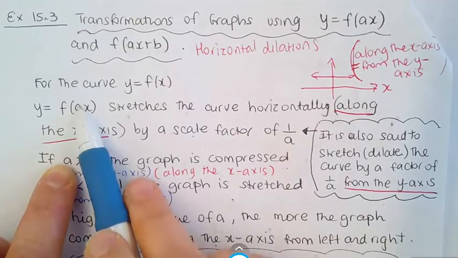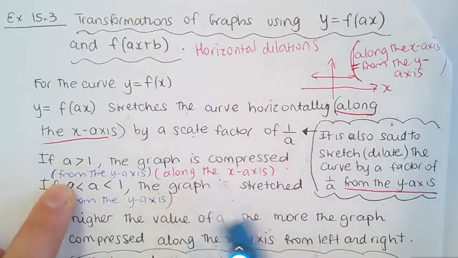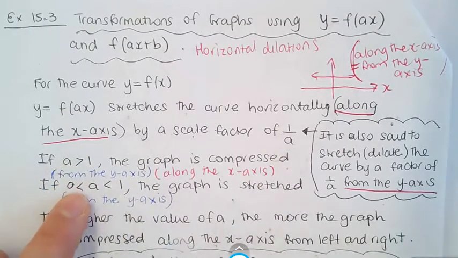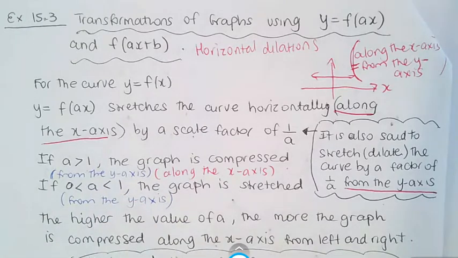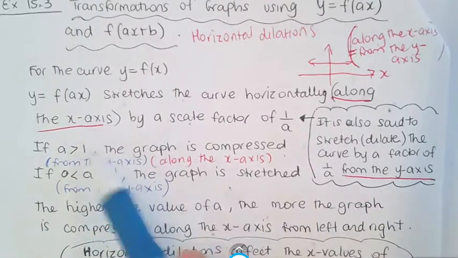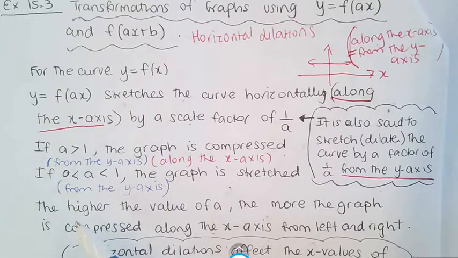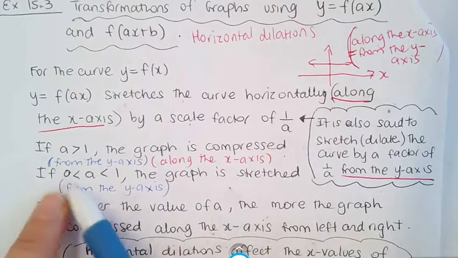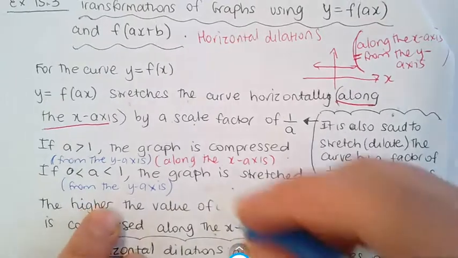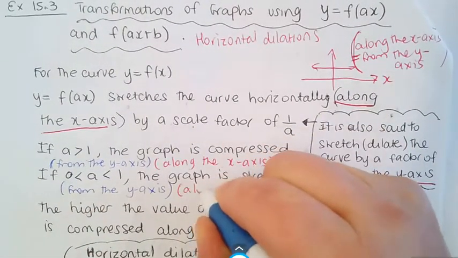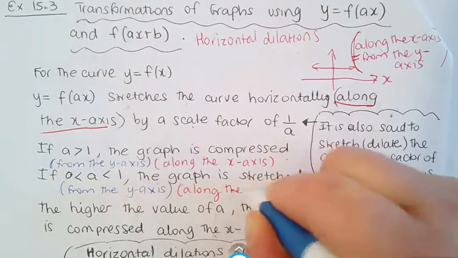So if this a is greater than 1, the graph is compressed from the y-axis or along the x-axis. It's compressed, okay? So it's the opposite way to the other one. If k was greater than 1, it was stretched in the other one. And if a is a fraction between 0 and 1, the graph is stretched from the y-axis or along the x-axis.